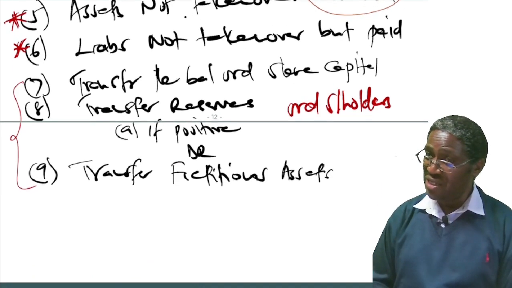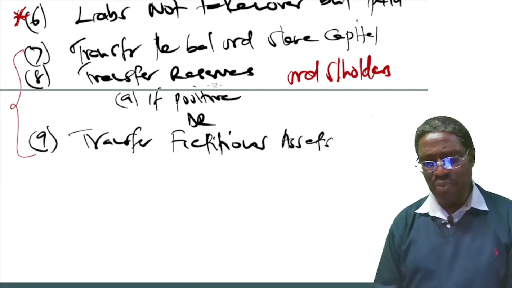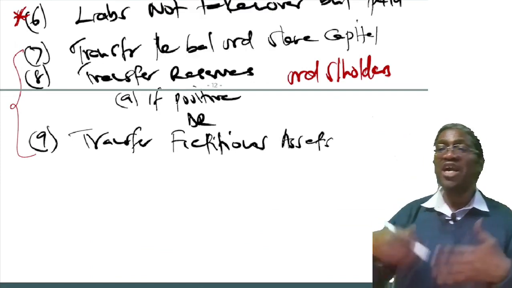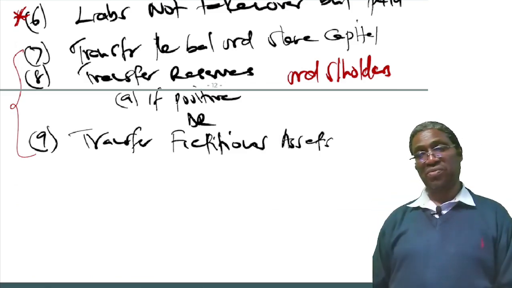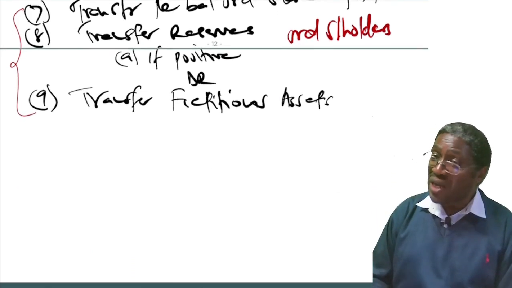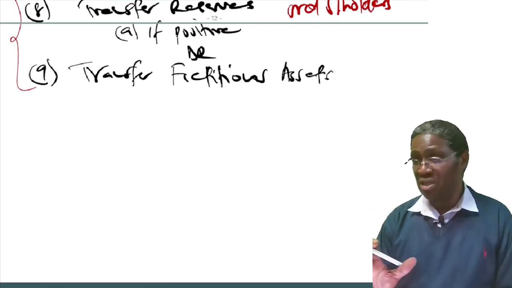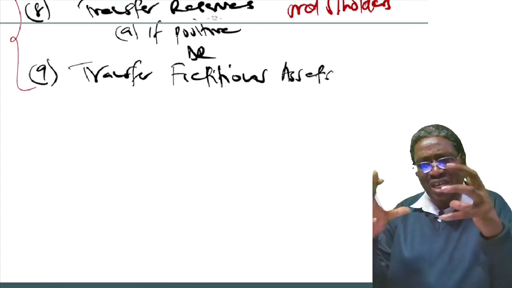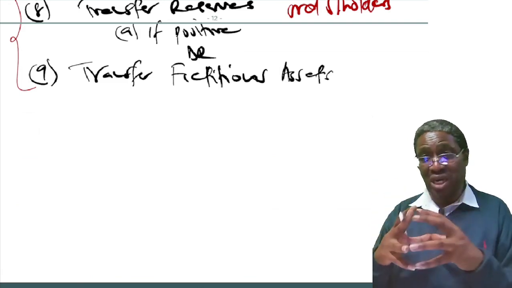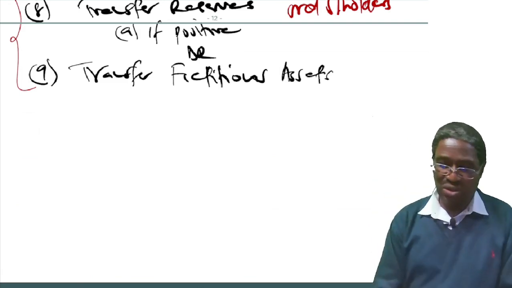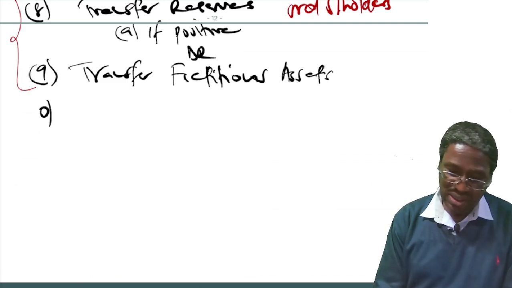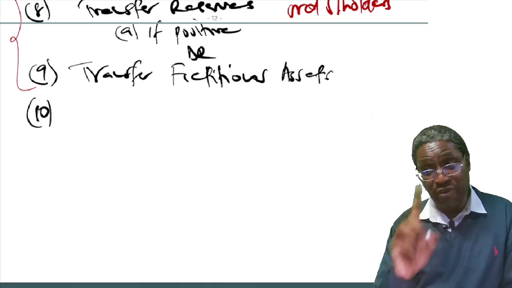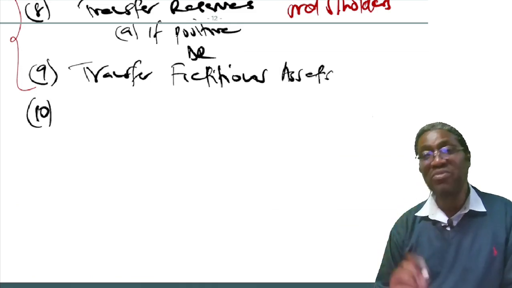Number 9. In your company, you may have other stakeholders, like preference shareholders. If you have other stakeholders, you will consolidate everything that you owe to them in one account. Now number 10 says, do the same. The way you did for ordinary, do the same for preference.